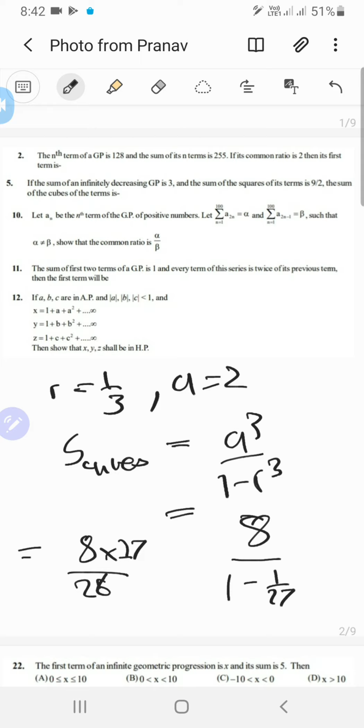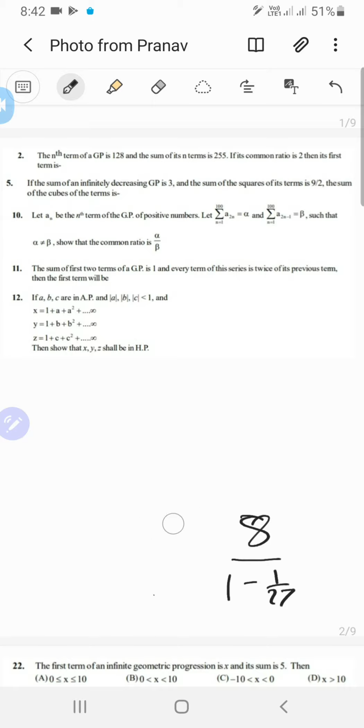Whatever this answer turns out to be, I'll just reduce this to 4 by 13. It's going to be 8 and 28, so 108 upon 13, whatever that is. That's going to be our answer. Let's go to the next.